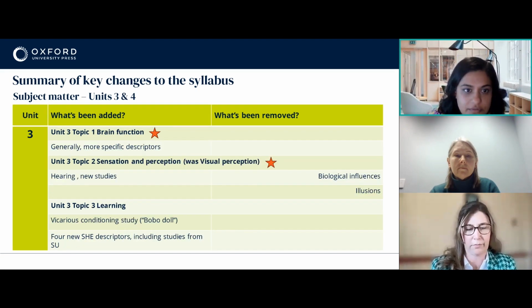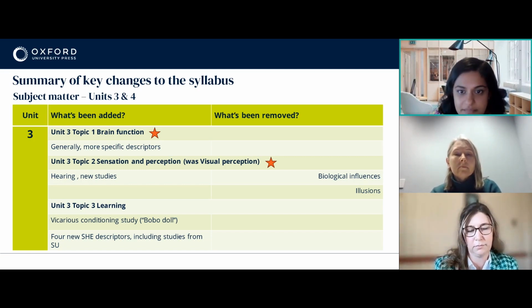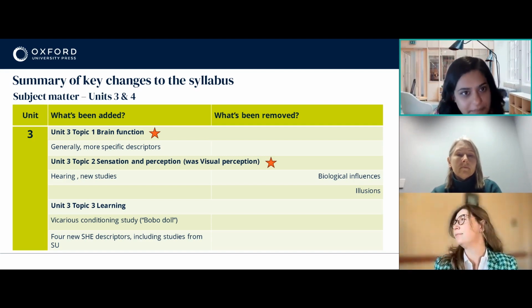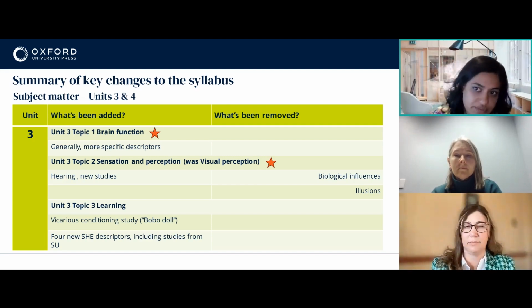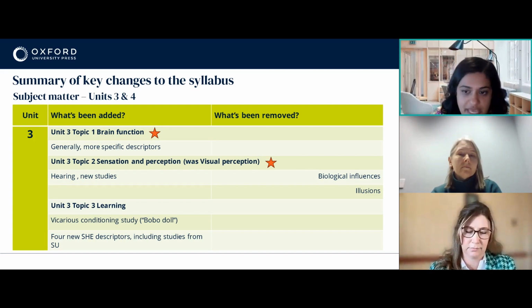For Unit 3, I note obviously with the brain topic, that's been a big change in terms of cognitive verbs. And my apologies, I went too far. And I suppose the biggest change in content which we'll have to consider is the fact that visual perception has changed to include hearing as another sense.